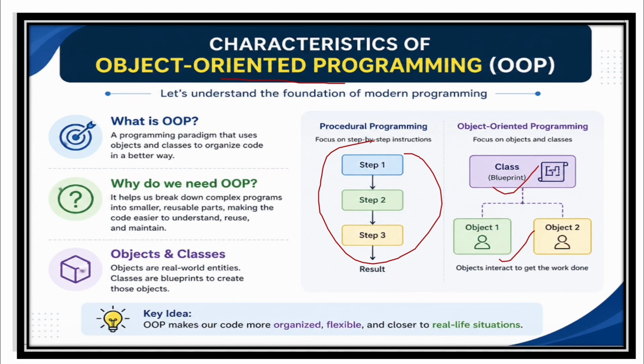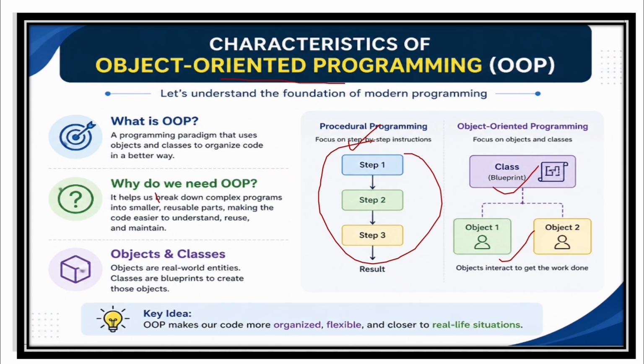Now you might be thinking, why do we even need a programming paradigm like object oriented programming? Well, in procedural programming, everything is written step by step. It works fine for small programs, but as the program gets bigger and bigger, it can become messy and hard to manage.